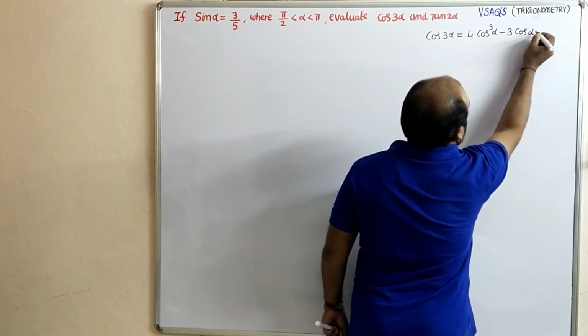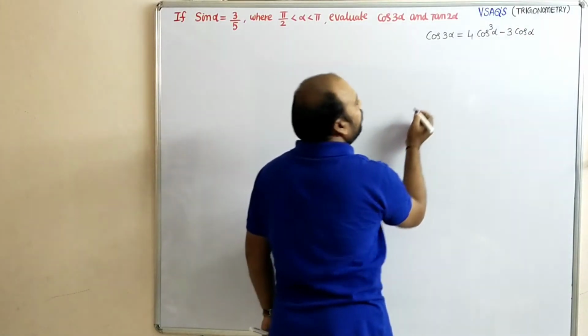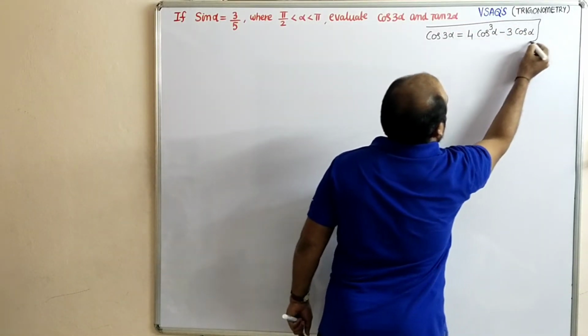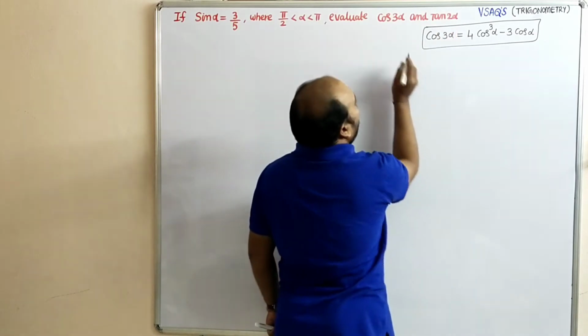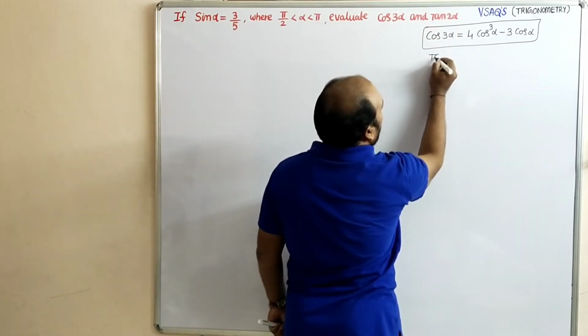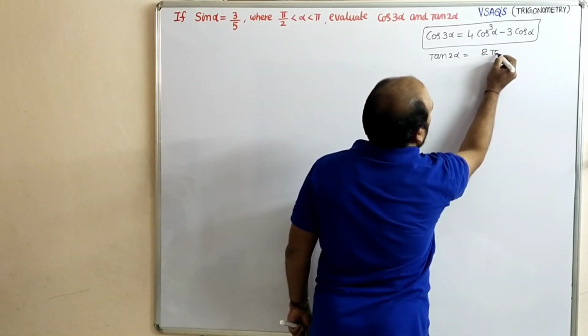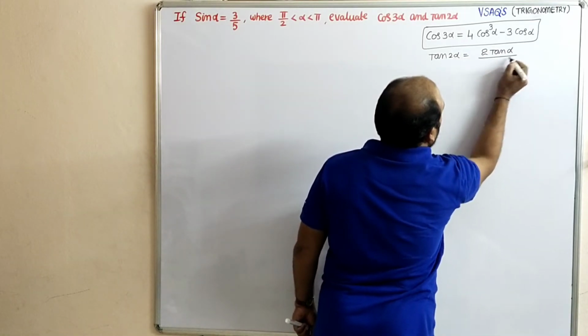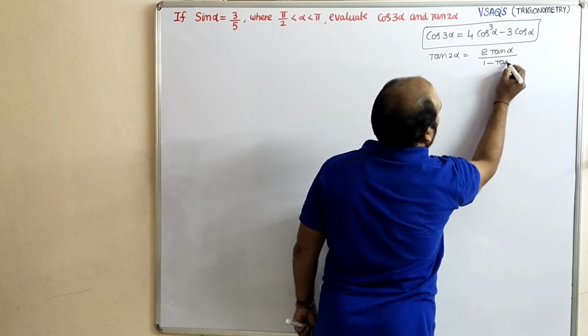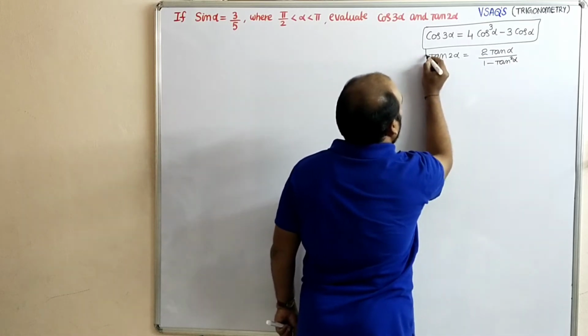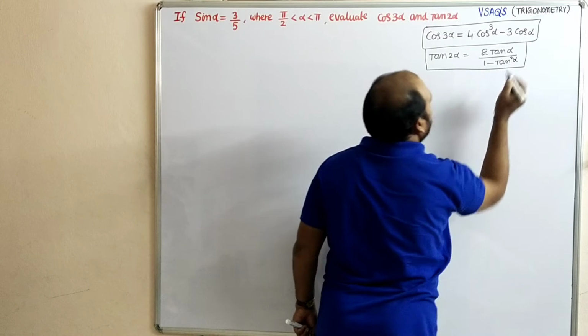This is the formula for cos 3 alpha. And tan 2 alpha in terms of tan: 2 tan alpha divided by 1 minus tan square alpha. So we have clarity about formulas.